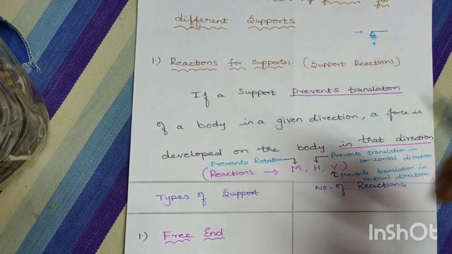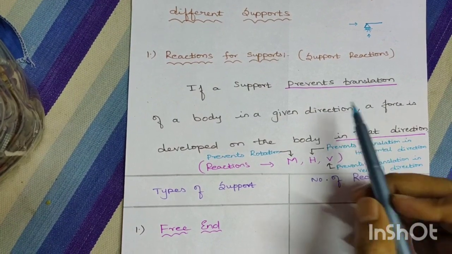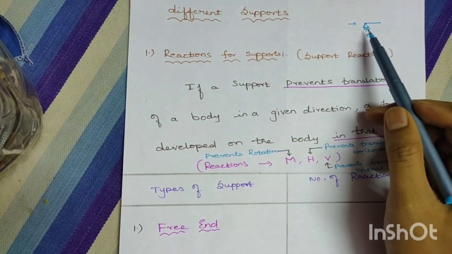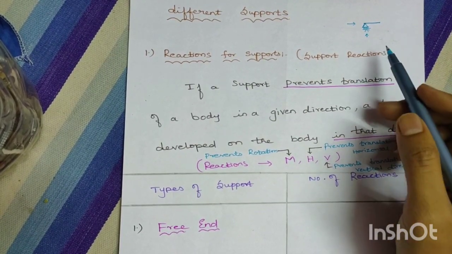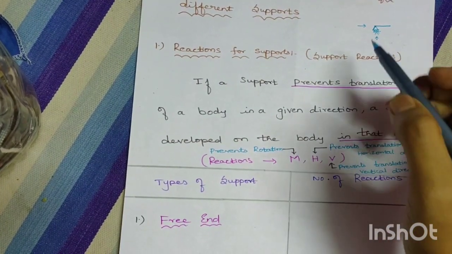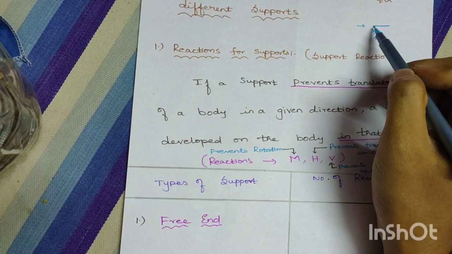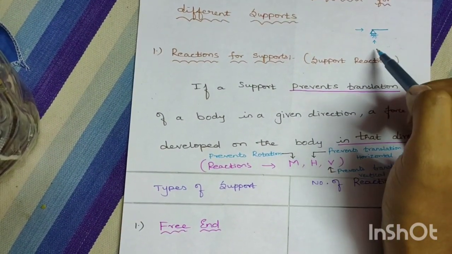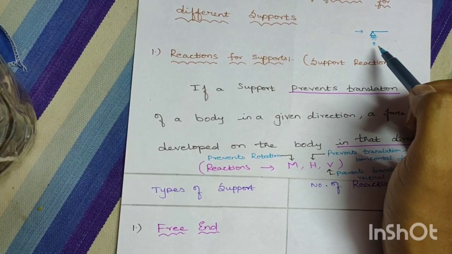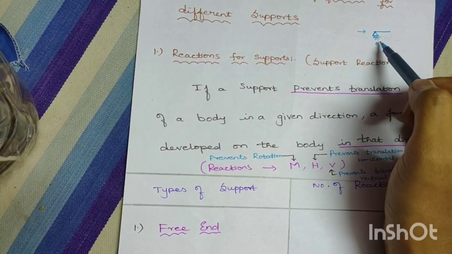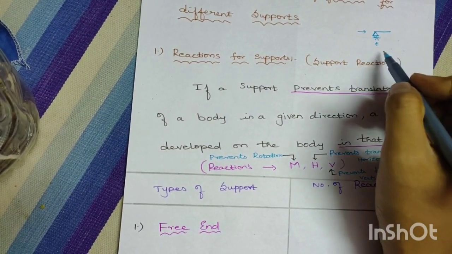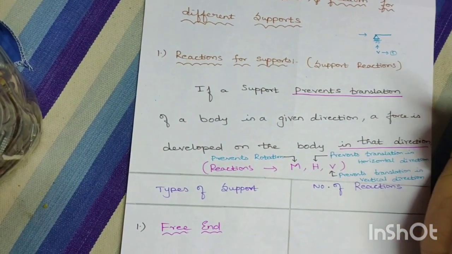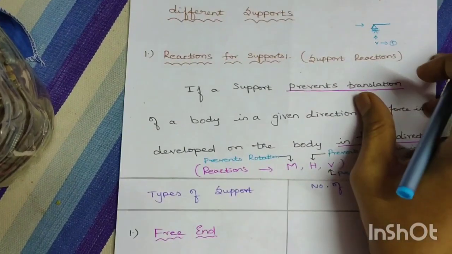So what this definition is telling is that in whichever direction the support has resistance, in that direction only there will be a reaction. In horizontal it can move freely, so there won't be any horizontal reaction. It is only restricting the translation in the vertical direction, so we will have only one reaction here. That is what the definition is telling.